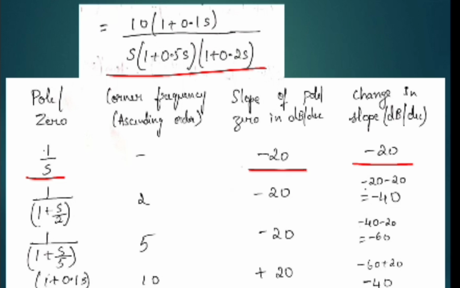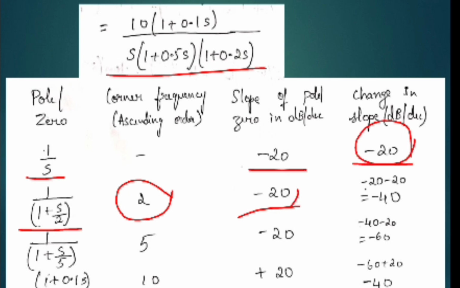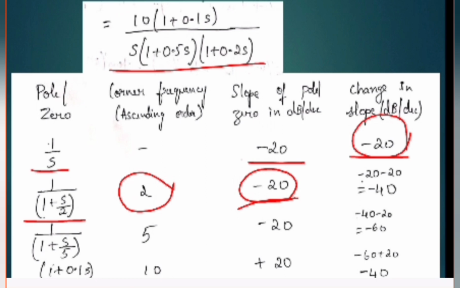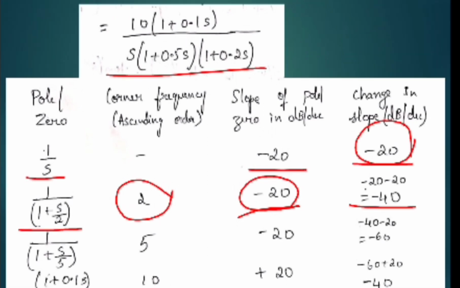And the next pole is 1 divided by (1 plus s by 2), wherein we have already found out the corner frequency. The slope is minus 20 decibel. So we had already minus 20 decibel from the previous pole. Now minus 20 decibel gets added up. So the total slope will be minus 40 decibel per decade.